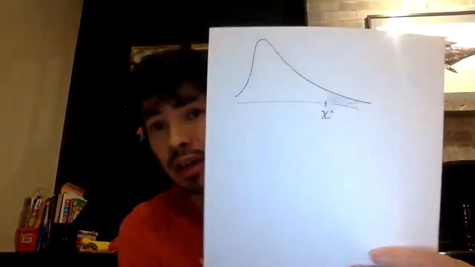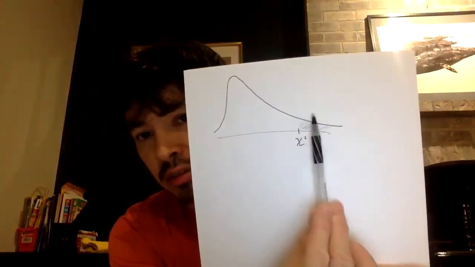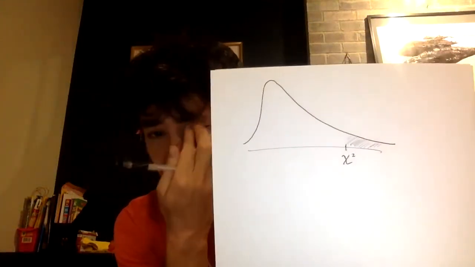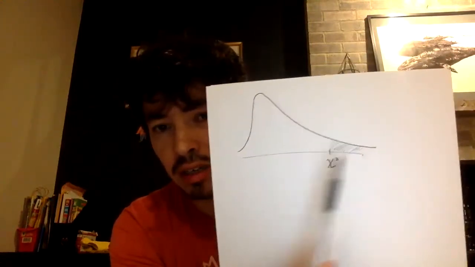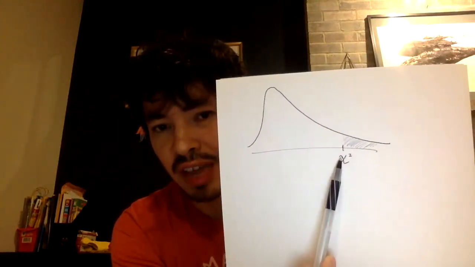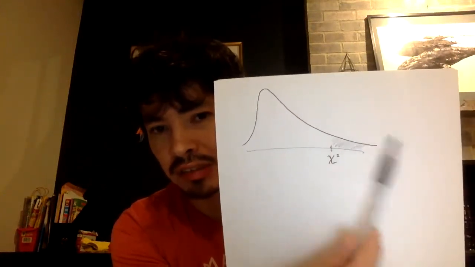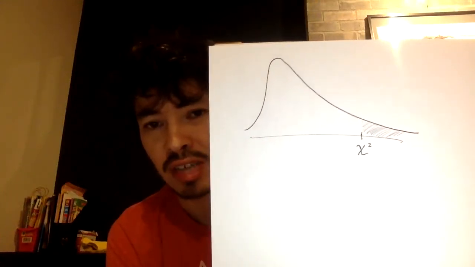We get a chi-squared stat, and then the p-value is everything above that chi-squared stat. So that's a chi-squared model, skewed to the right. We crunch out a chi-squared stat, and then we go upper tail, a one-tail, upper tail test for every chapter 26 chi-square test.